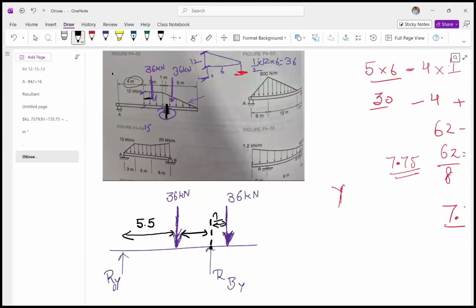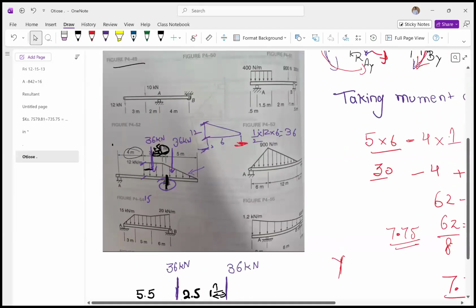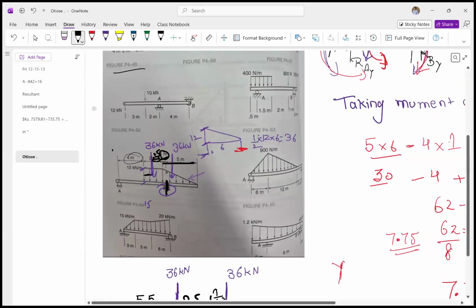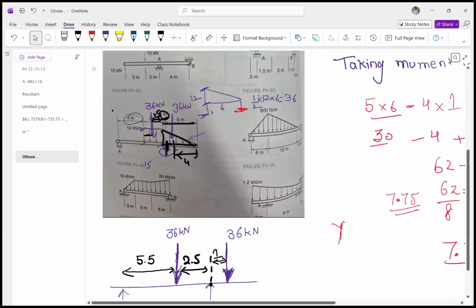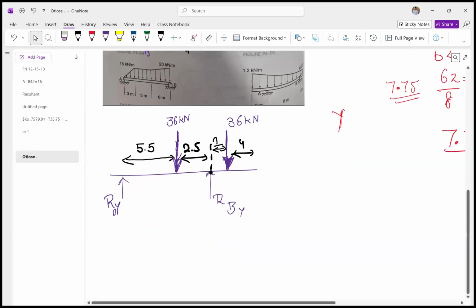If you see this, 1 plus 1.5, and this is 1, so 2.5 will be this distance. All right, so we've drawn this, and the final distance will remain as 4, because the total is 6. It is over a span of 6, so this distance here to here will be 4. So this distance here is 4 meters. Now we just need to simplify this question.